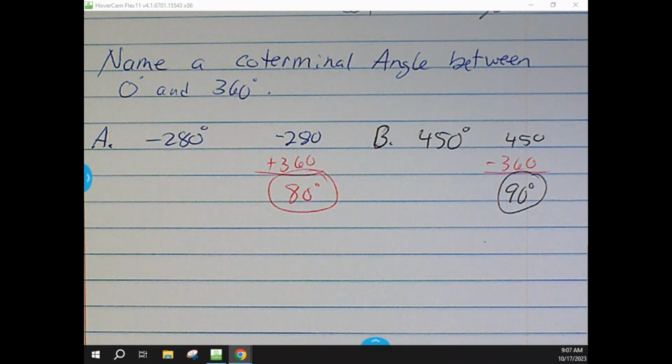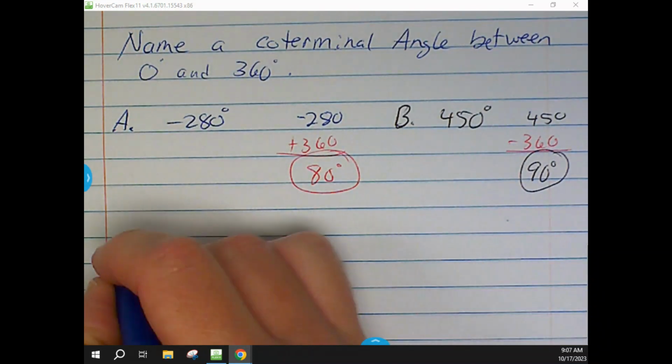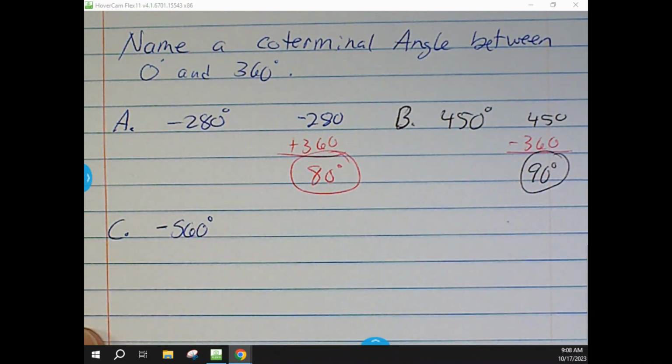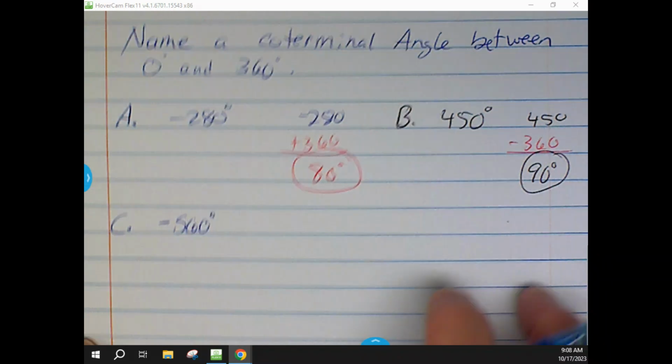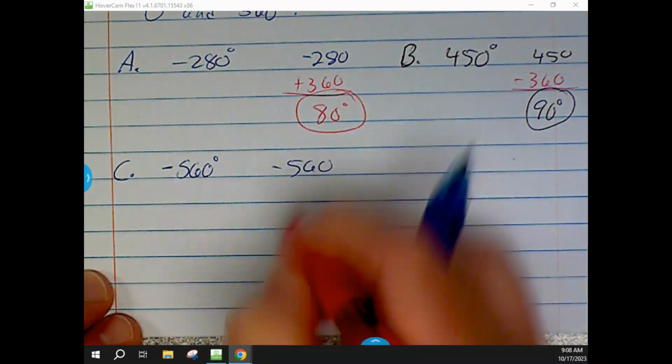Okay, now here's where we get to some numbers that go a little bit past some of what we've been doing. Maybe we're doing negative 560 degrees. All right, so negative 560. Again, we're just going to take that number and add 360 to it.